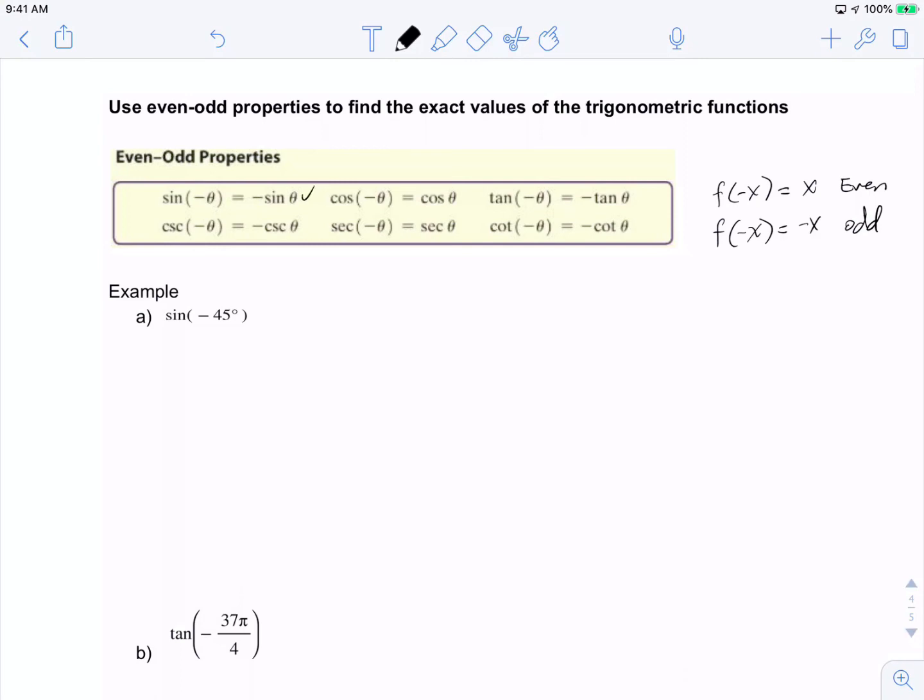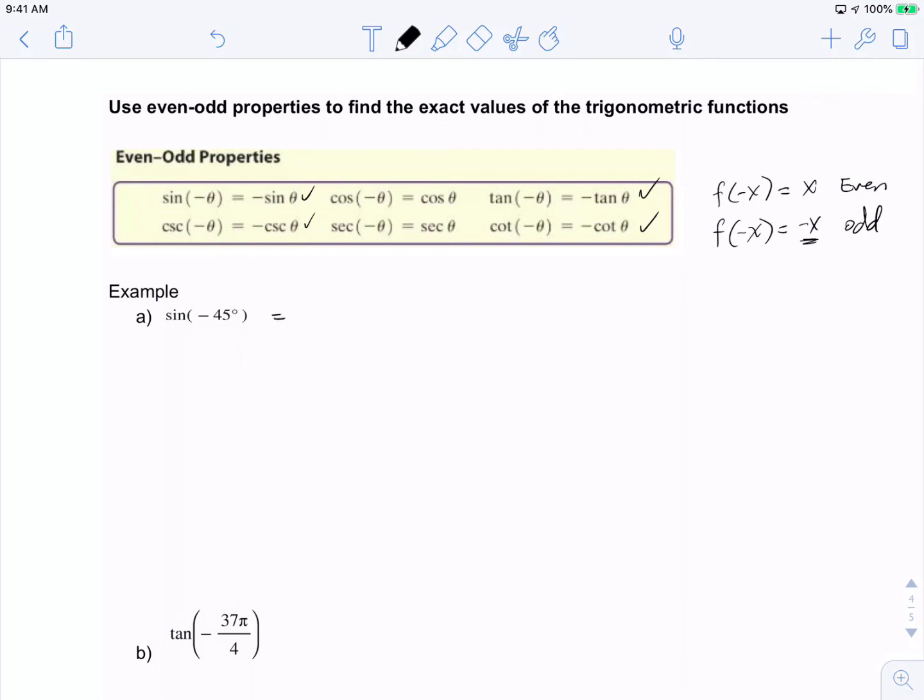Sine is odd, cosecant is odd, and tangent is odd because you end up with the negative x. Cosine and secant are also even.